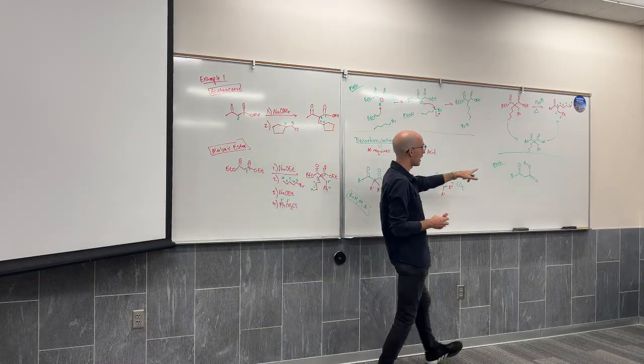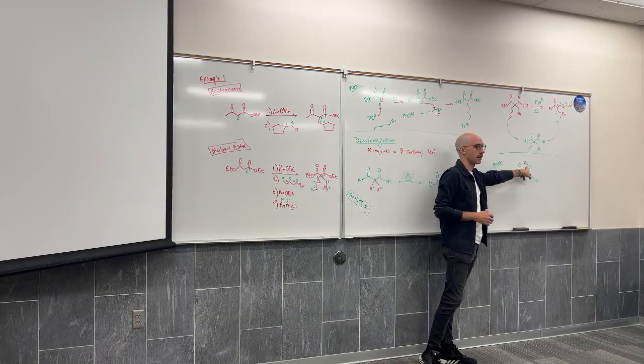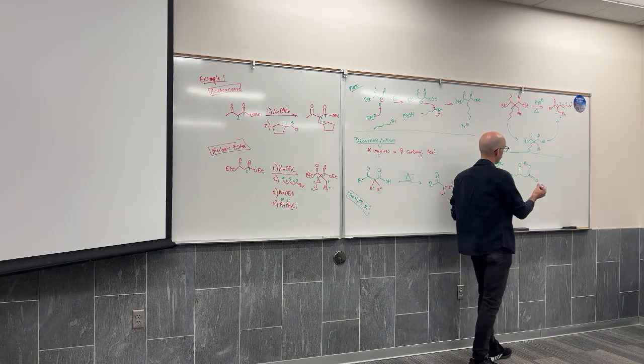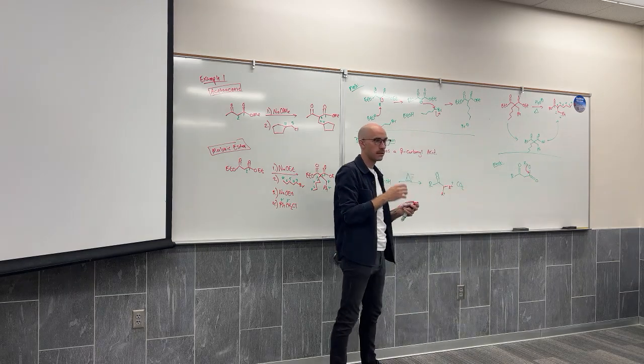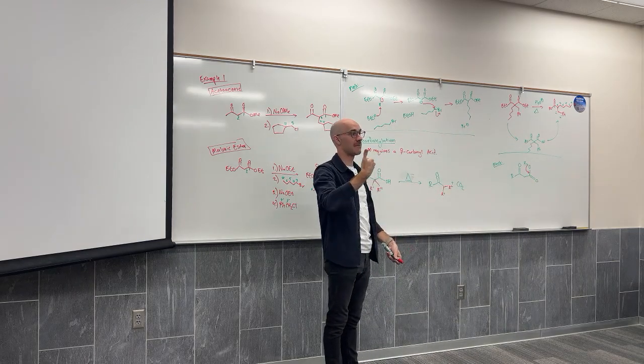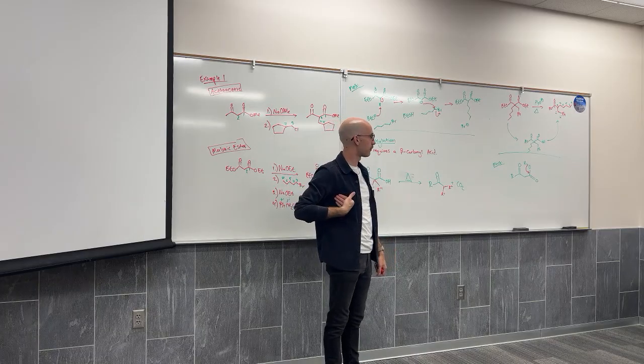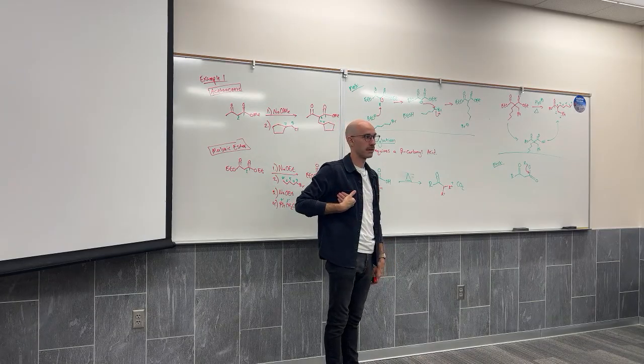Okay, so the OH bond needs to break, and a CO double bond needs to form. So the OH bond is taken by the oxygen to form that CO double bond.